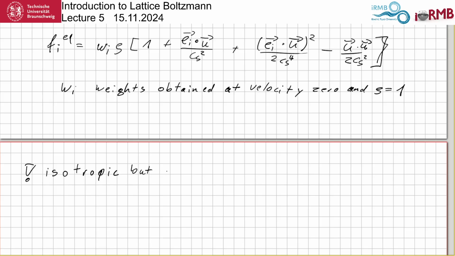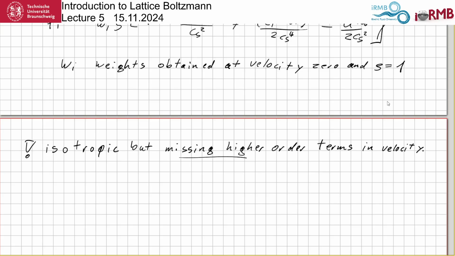It's isotropic, but then it is missing higher order terms in velocity, and when we'll ever have a Lattice Boltzmann course in the second semester, I will tell you in detail what this missing higher order terms actually does. But here we'll just leave it at that. You will find this thing in the textbook.